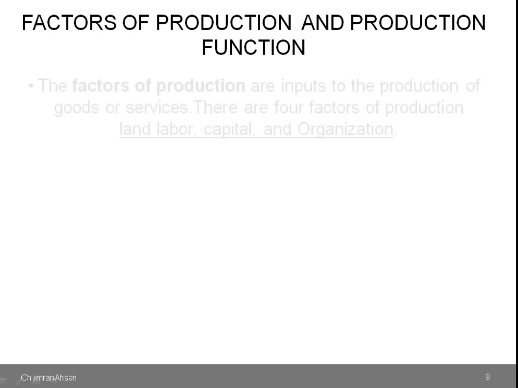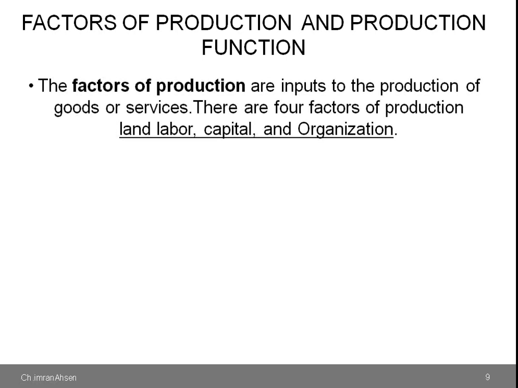Factors of production and production function. The factors of production are the inputs which we are inserting in our business model to get some output. So factors of production are inputs to the production of goods or services. There are 4 factors of production: land, labor, capital, and organization.